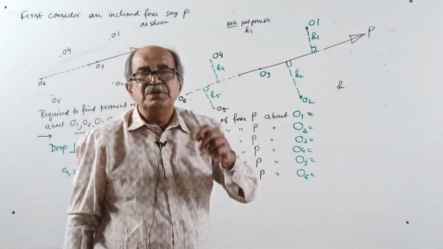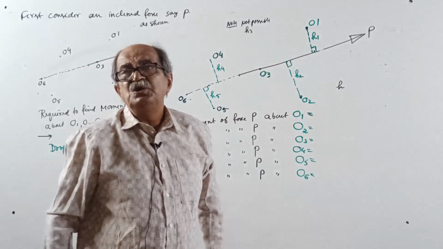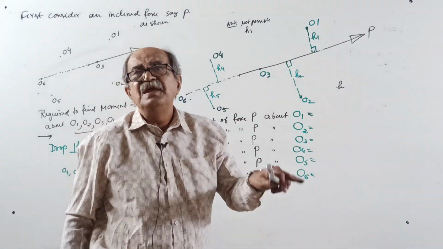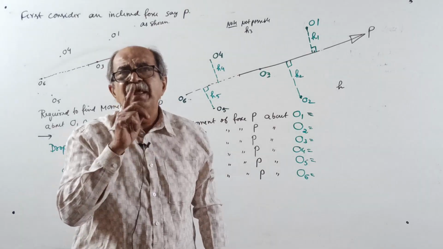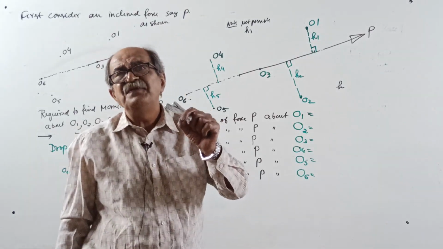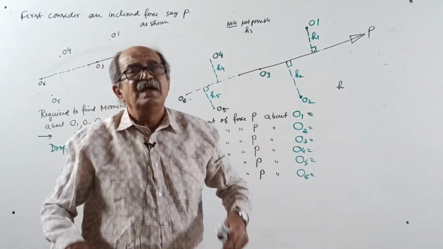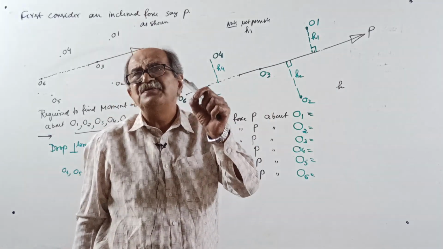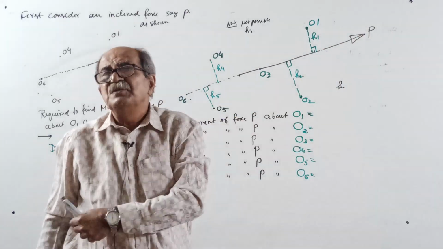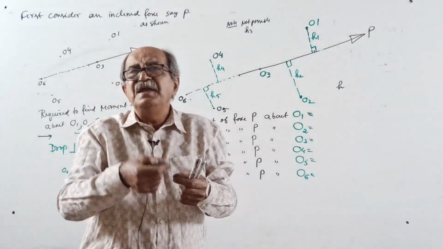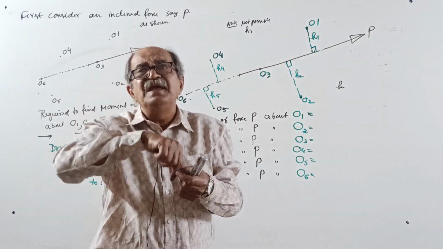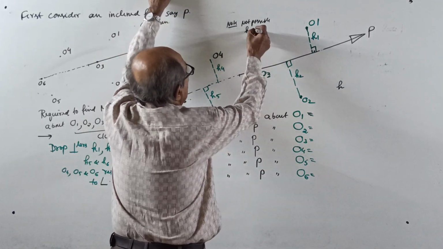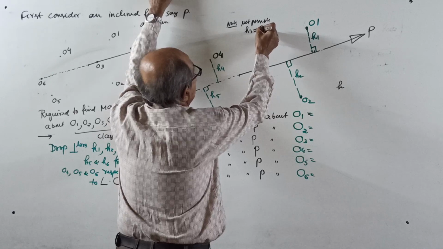You can drop a perpendicular from any point to any line only and only if that point lies outside the line of action of the force. So if any point lies in the line of action of the force, from a point in a line to that line, you cannot drop a perpendicular. So you tell H3 not possible or H3 equal to 0.